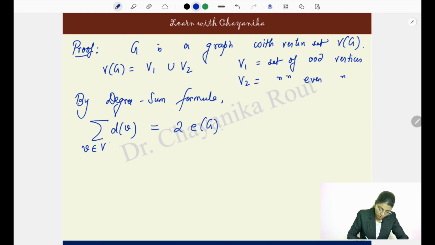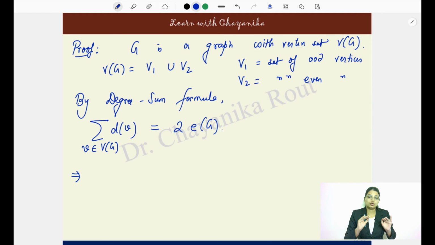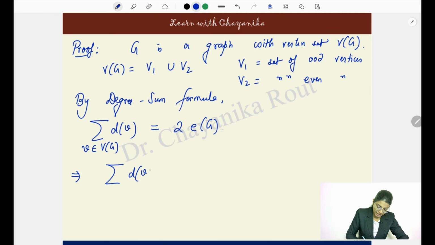Sum of dv, where v belongs to the vertex set Vg. So this is my mathematical expression for the handshaking lemma. What I will do is break this summation of dv over the entire vertex set Vg into two separate summations. The first summation will take the sum of the degrees of all the odd vertices, so for all the vertices v belonging to V1, it takes the summation.